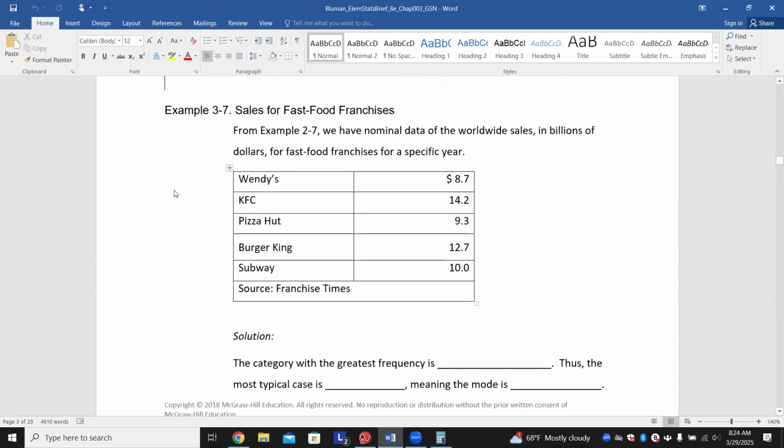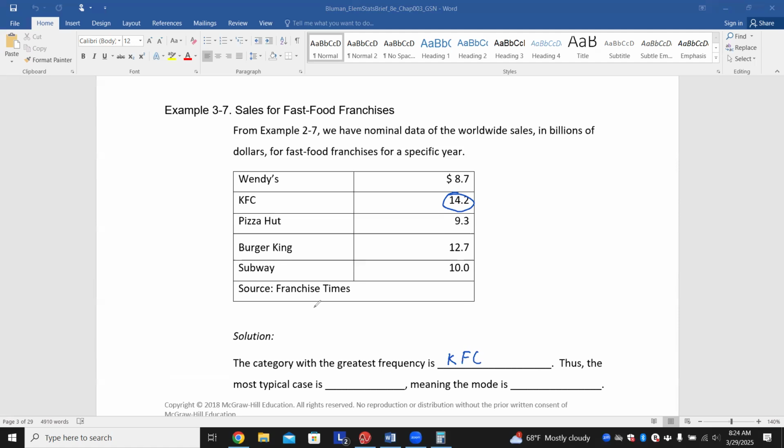All right, if we look at example 7 here, and this comes from chapter 2 as well, we have nominal data for the worldwide sales in billions of dollars for fast food franchises for a specific year. When you're looking at situations like this and you're looking for the mode, the category with the greatest frequency would be the mode. So that would be 14.2, which would be KFC. So when you're given a frequency chart, the mode would be the highest frequency.